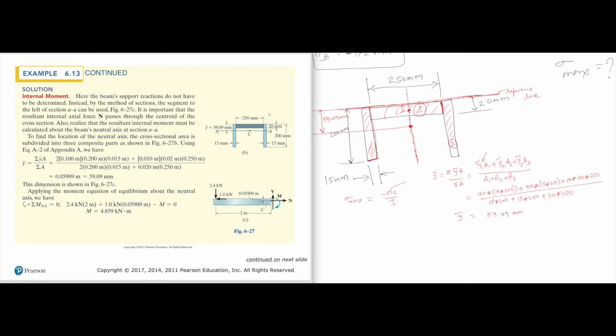So this is where the centroid is, or to be specific, this is where the neutral axis is for the system. Now I'm going to erase the reference line. We don't need it any longer. So this is the neutral axis.